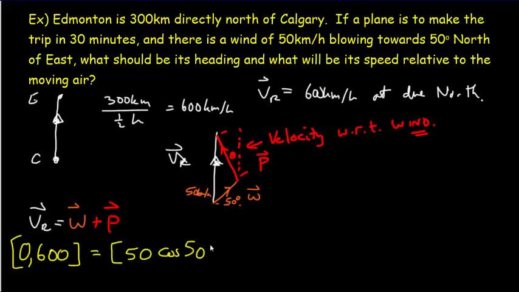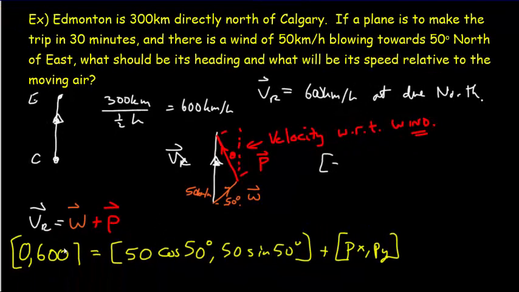So it's going to be 50 cos 50, and then 50 sin 50. And then I'm simply going to represent the plane vector as px, py. Those would be the Cartesian components of this vector p here.